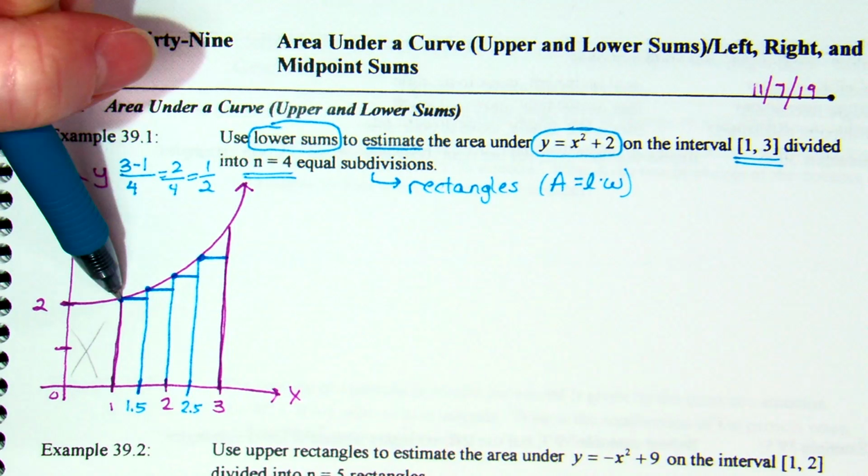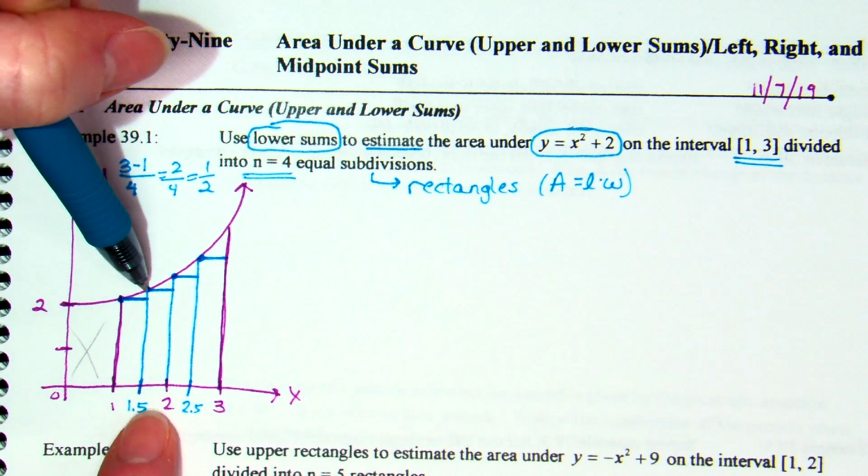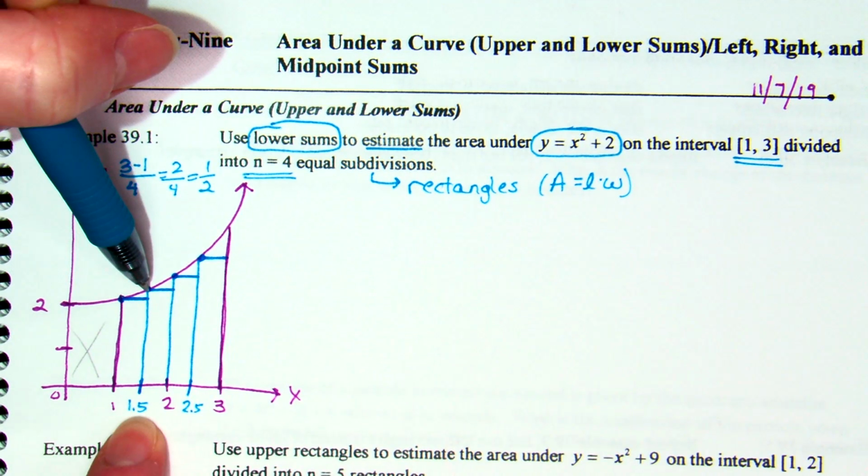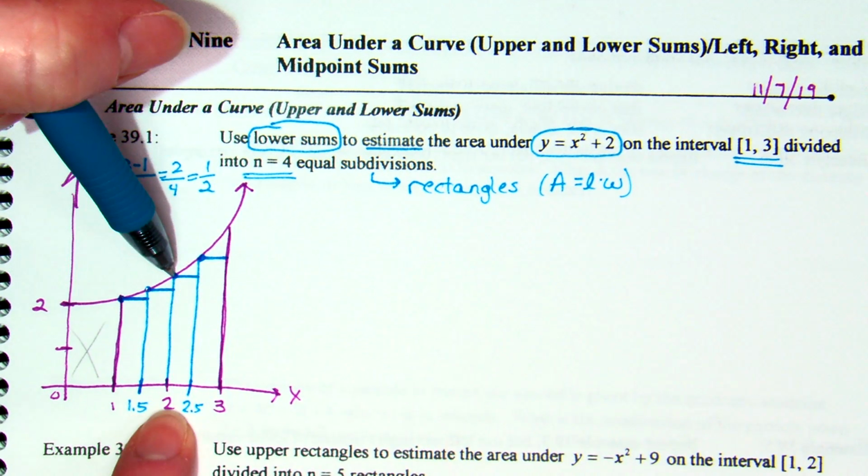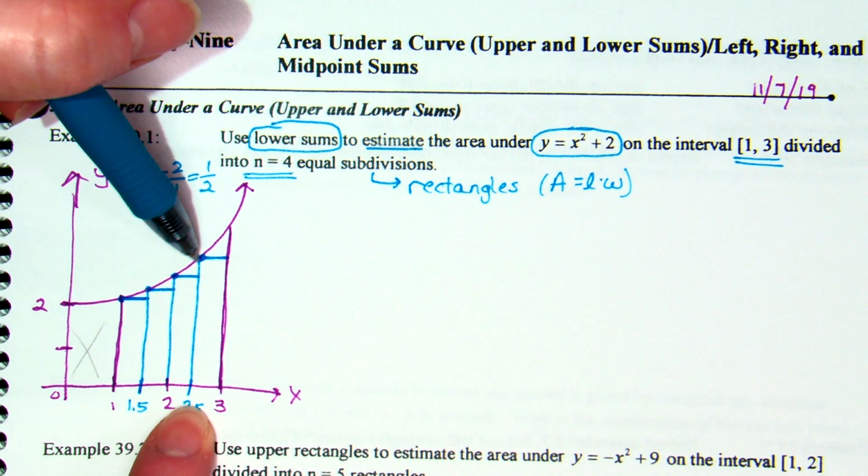This right here is a point on the curve x squared plus 2 when x equals 1. The height of this rectangle is determined by the equation x squared plus 2 when x is 1.5, at 2 and at 2.5. And in this problem, 3 doesn't matter.